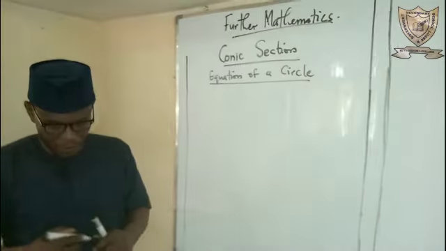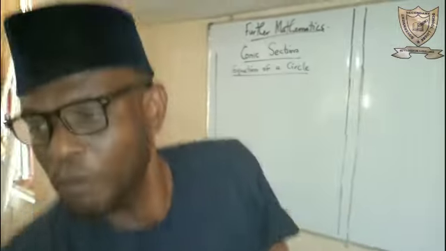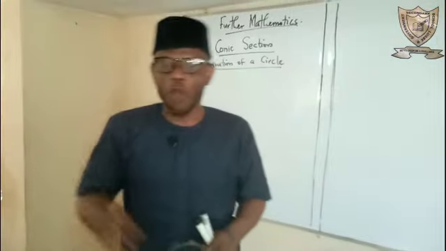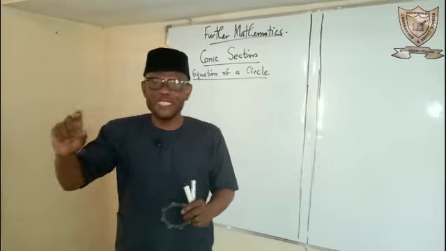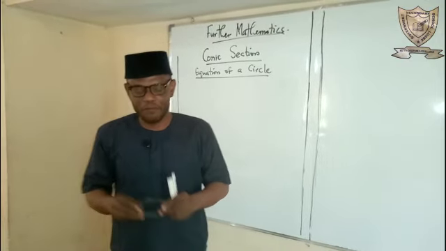What is a circle? It's 2D, and it's a set of all points equidistant from a point.